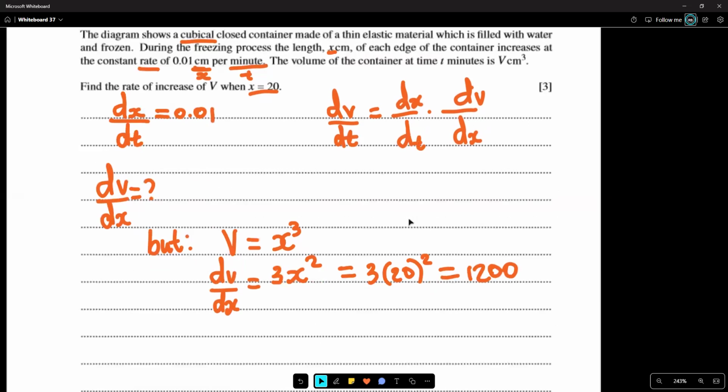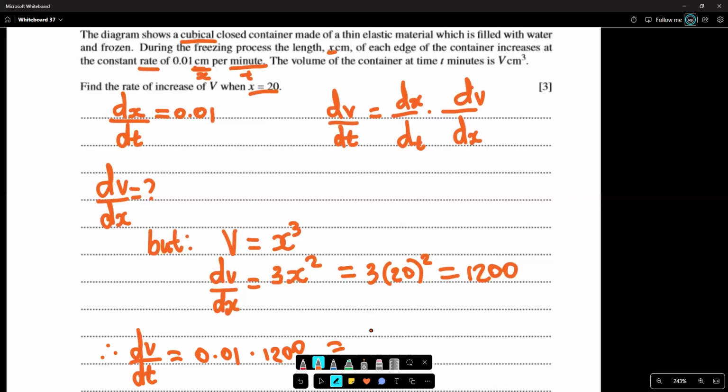We have everything now. We can say, therefore, dV over dt is equal to, remember, dx over dt is 0.01. So this is 0.01 times 1,200.